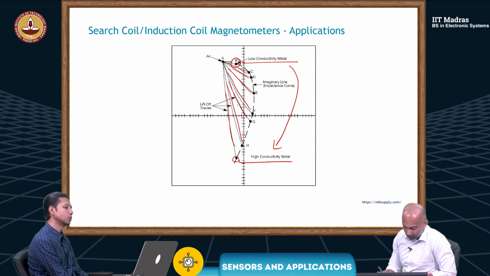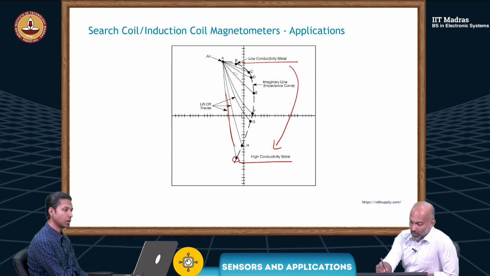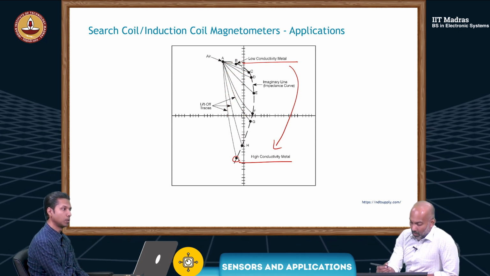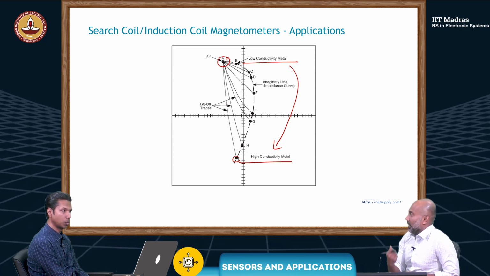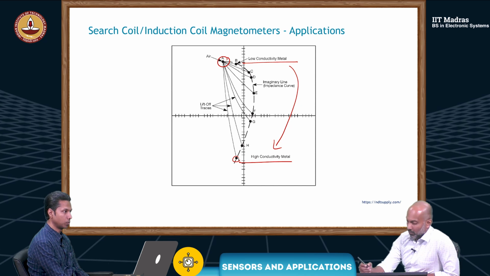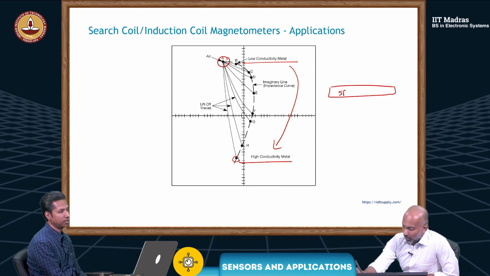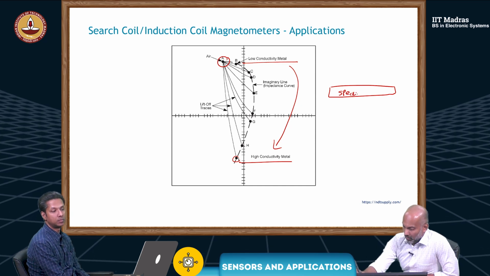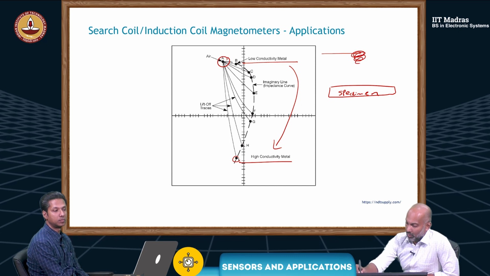What we normally do when we test materials like this is take the coil away from the specimen initially. You have your specimen, and the coil alone will be there, with no object nearby, far away.